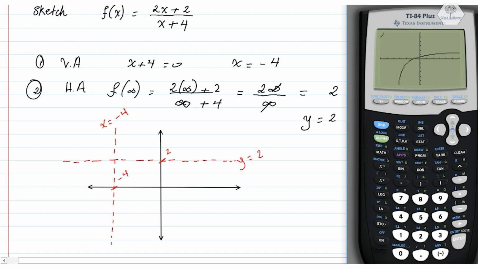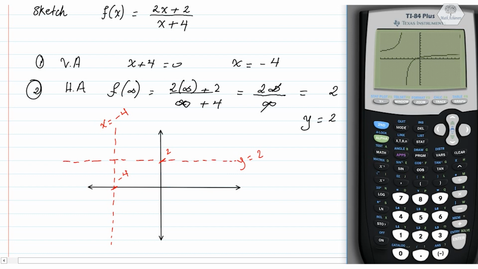Still, we can't see our function clearly enough, so we have to make our window larger: x from minus 10 to 10, and y from minus 10 to 10 as well. Graph.